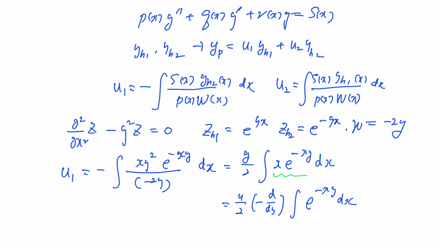So you can put minus d over dy in front of this integral, and this integral is y over 2 minus d over dy of minus 1 over y, exponential minus xy, right?